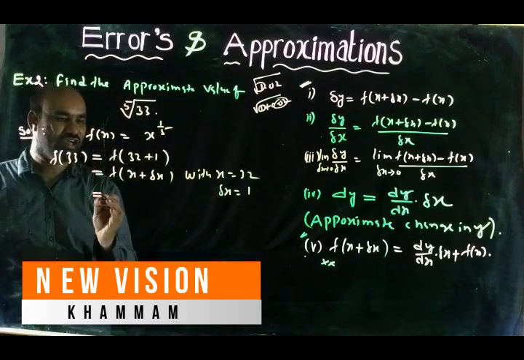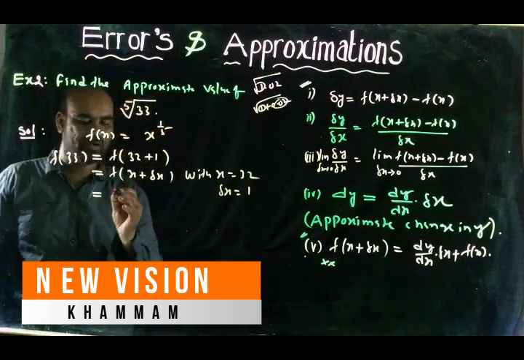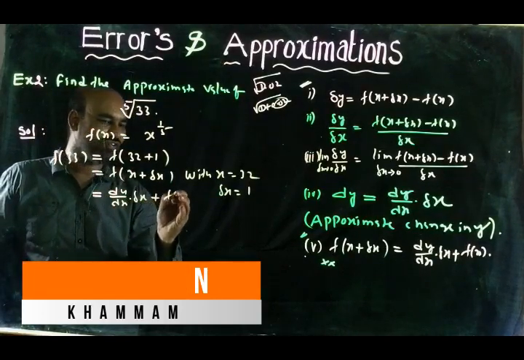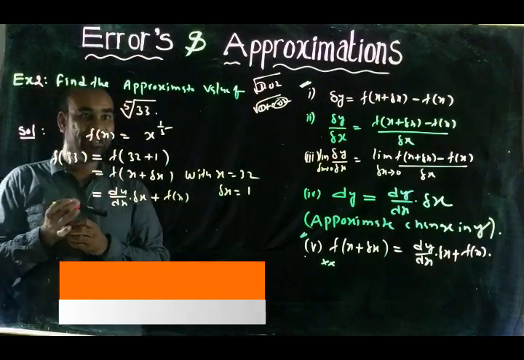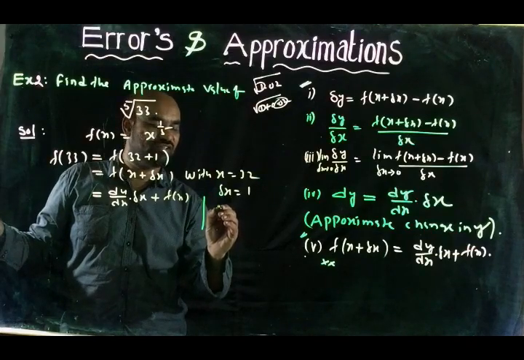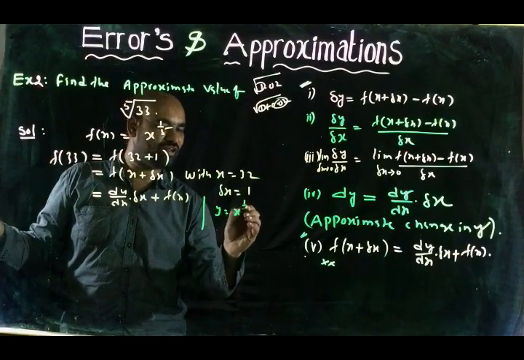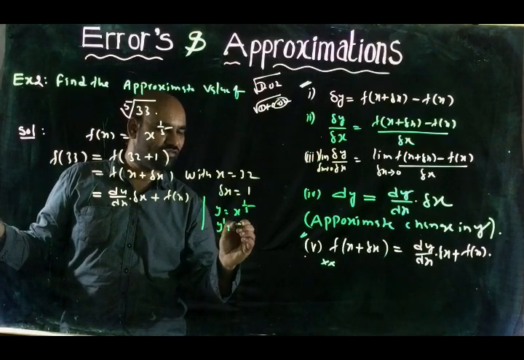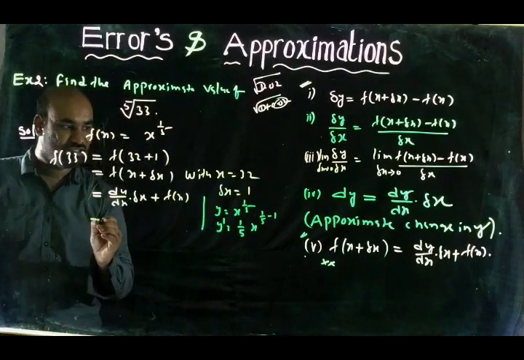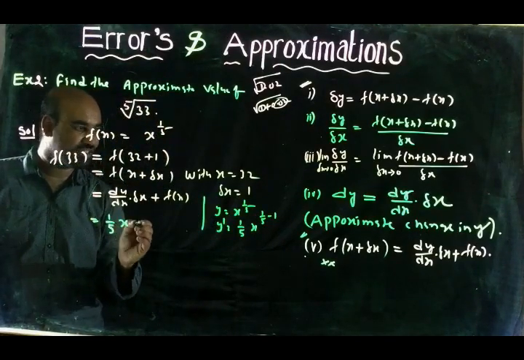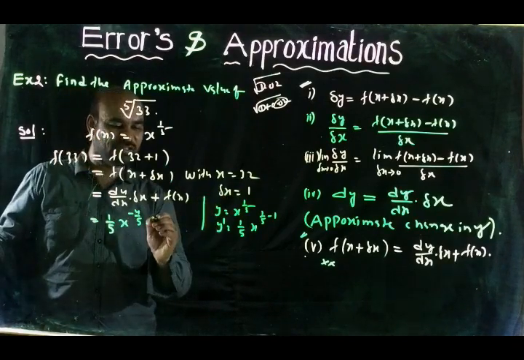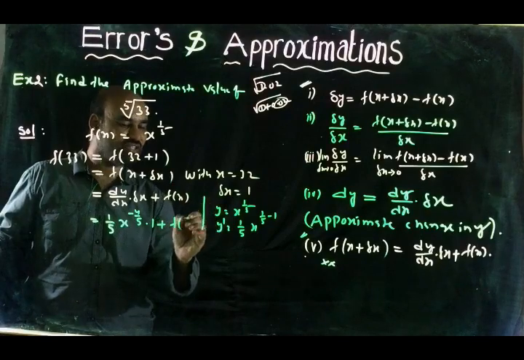Okay. So according to this formula, this can be written as dy by dx into delta x plus f of x. So dy by dx of this, I will write here. y is equal to x power 1 by 5, y dash is 1 by 5 into x power 1 by 5 minus 1. That is 1 by 5 into x power minus 4 by 5 into delta x, which is 1, plus f of x, which is f of 32.